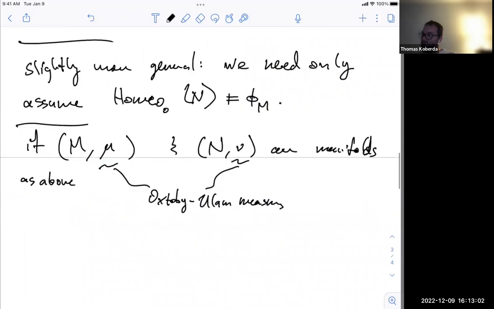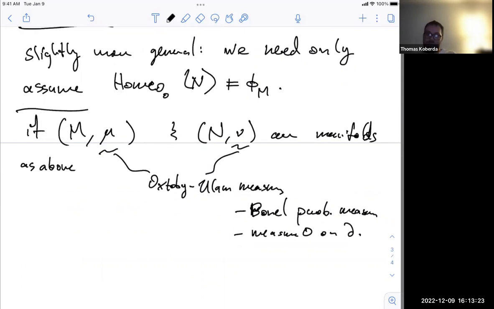So what these are: Borel probability measures which give measure 0 to the boundary. Then you can consider these groups of homeomorphisms of M and of N which preserve the measures mu and nu respectively.